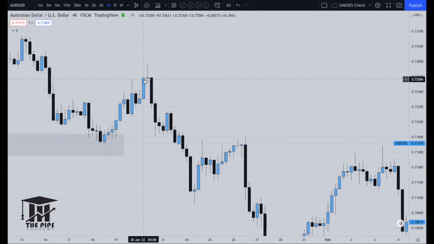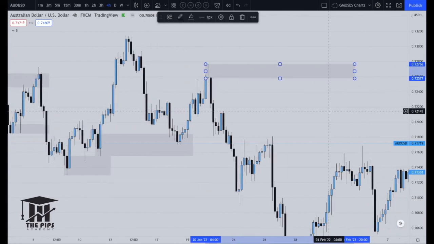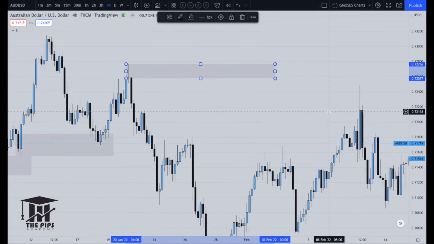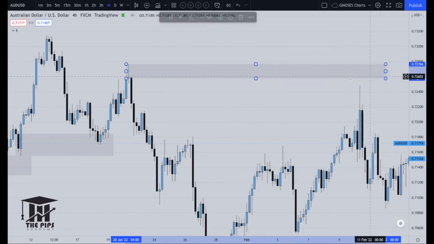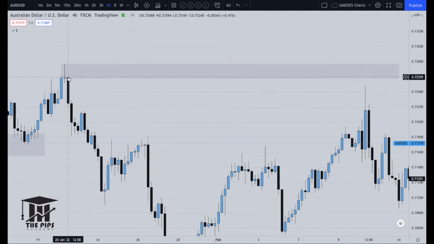Now in this area, we can look at this as an order block as well. We can take it from the bottom, even though it's small, up to this area here. And let's see if we have some respect in this area. As you can see, if we pull it over, price didn't necessarily come all the way to this area, but we had this order block here.